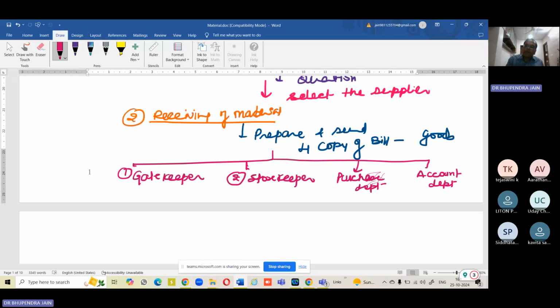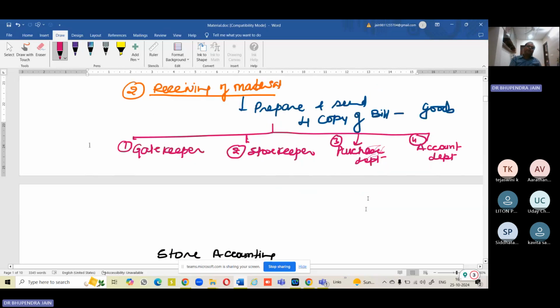So how many total bills were sent by the supplier? Total 4 copies of the bill. Number first copy for the gatekeeper, number second copy for the storekeeper, number third copy for the purchase department, and number fourth copy for the account department. Now the second step is over. We have received the material.